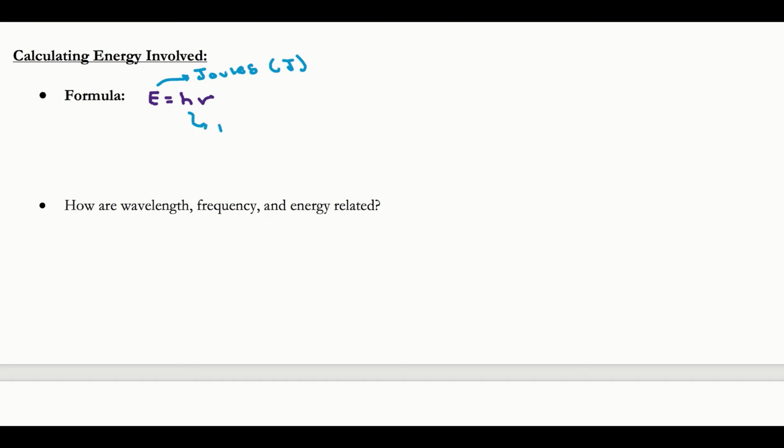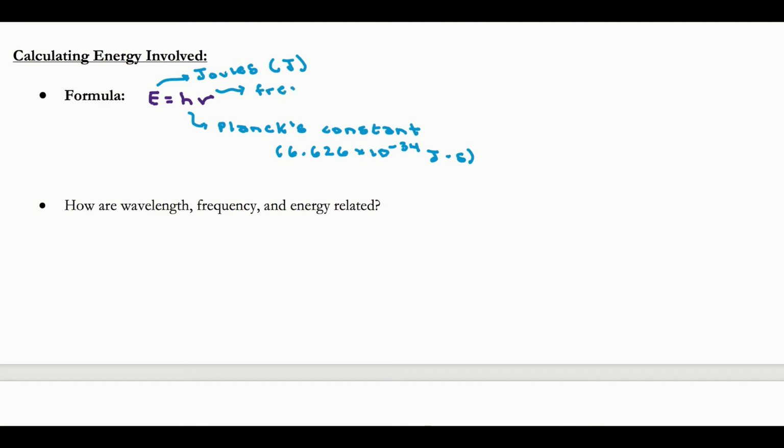H is Planck's constant and is a value that you will always be given, and it never changes. And that value is 6.626 times 10 to the negative 34th. And my units are going to be joules times seconds. Okay? And remember your nu, that is your frequency.